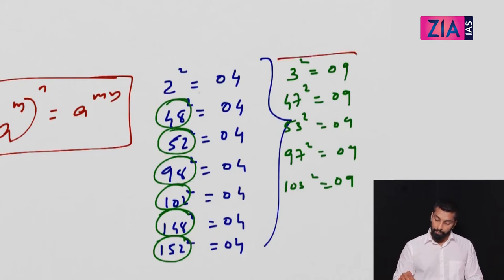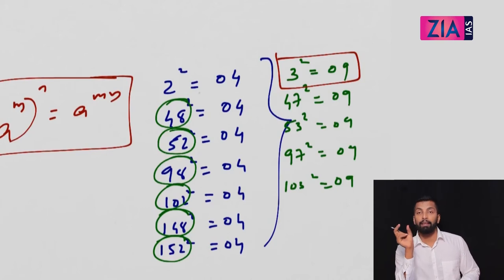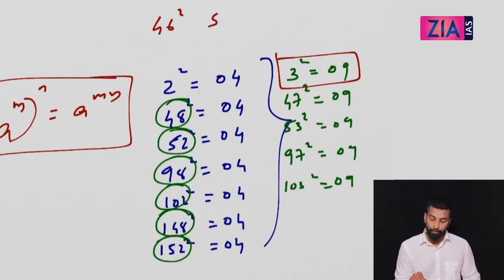Now you can take minus 4 plus 4, so multiples of 50 minus 4 or plus 4 will be ending in 16, that is 4 square. So 46 square will be ending in 16, 54 square will be ending in 16, 96 square will be ending in 16, 104 square will be ending in 16, etc.